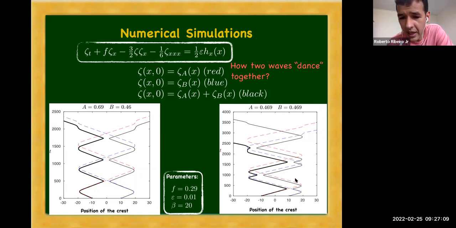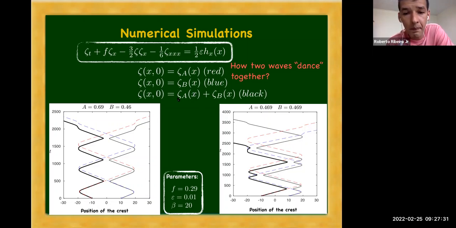Okay, for this case here, if we carry out the simulation for just zeta A, red line, we see that this wave escapes downstream, or escapes to the right, and the same goes for the wave zeta B, which also escapes to the right.